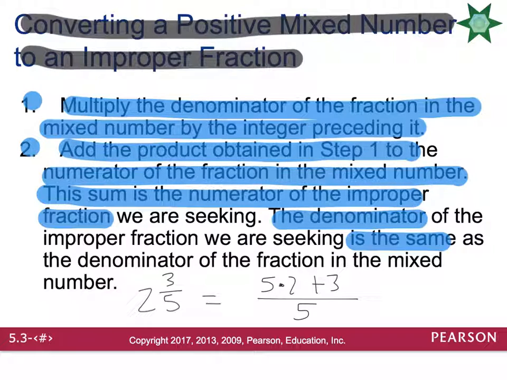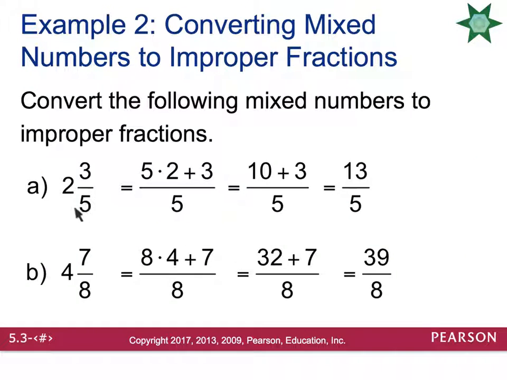So we have 5 times 2 plus 3 over 5, which is 10 plus 3, which is 13, so that would give us 13/5 as the improper fraction form of this mixed number. So we can do it that way quickly. That was our first example.